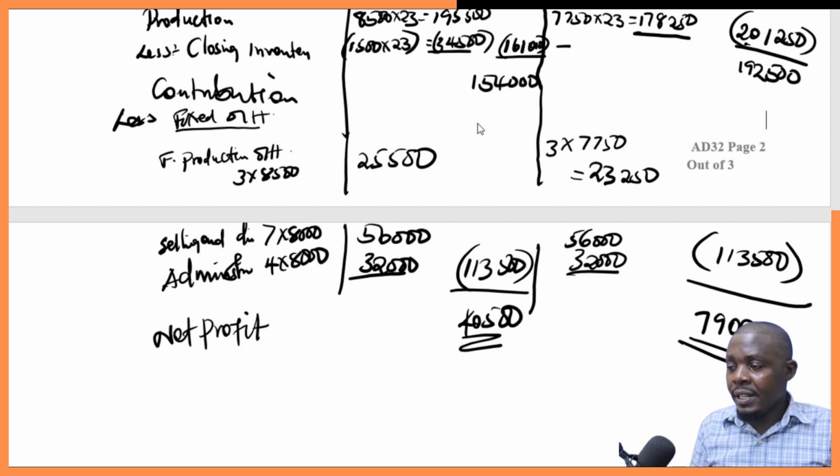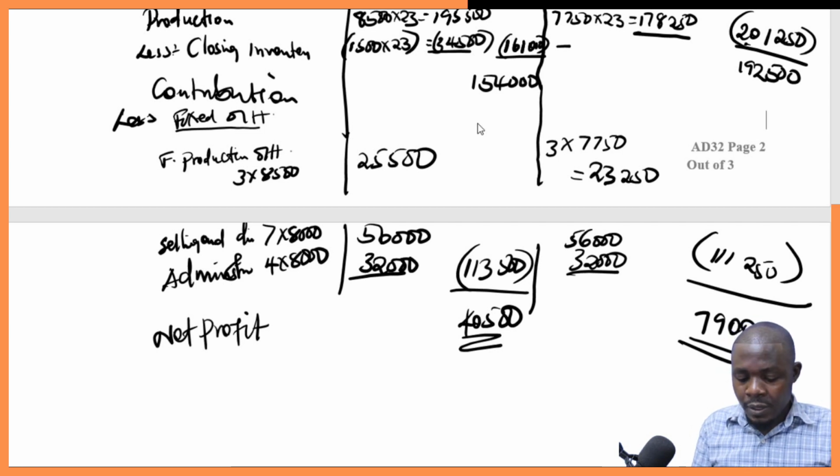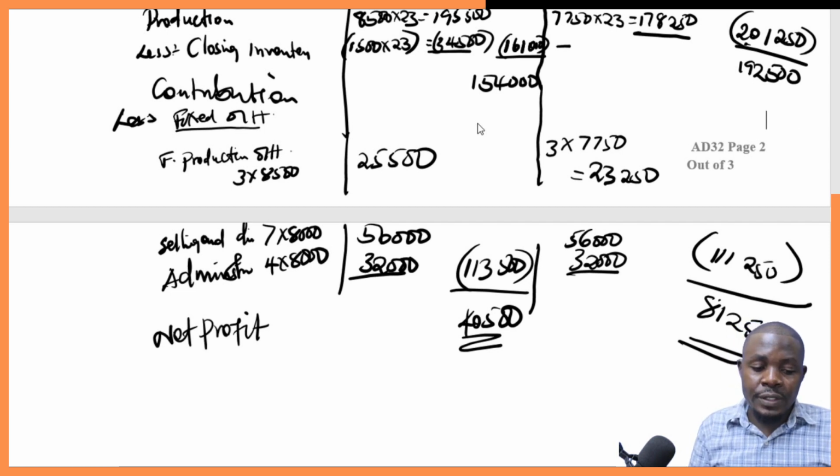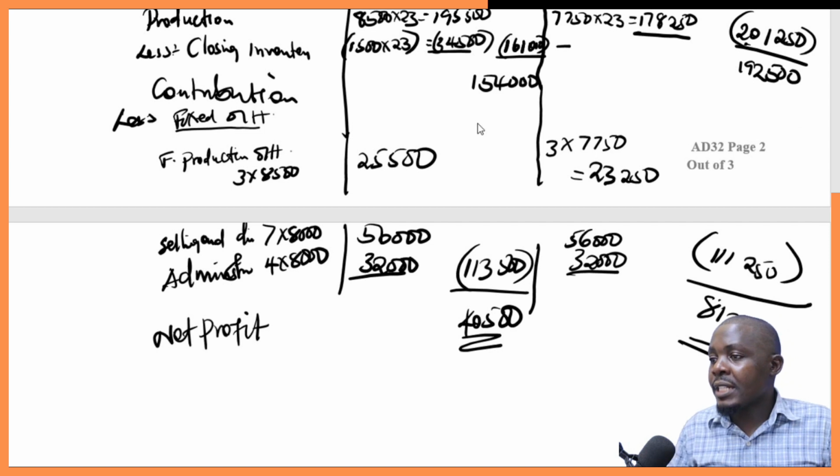You have 111. Now I have to change this one. That is 111,250. Then we have 192,500 minus the answer. We get now the correct figure there. It was not 79, but it is 81,250. That is doing it using the direct method.